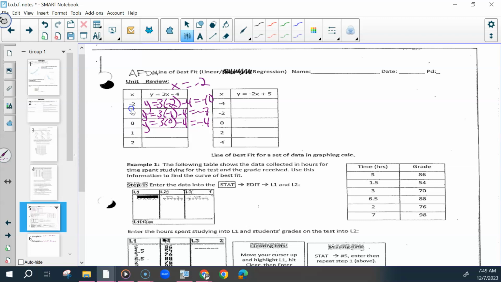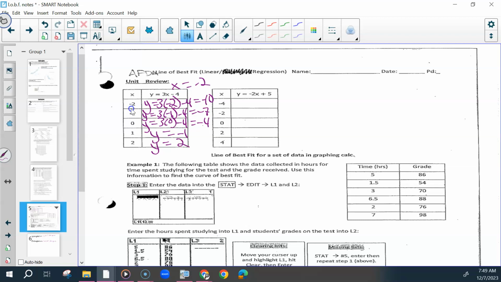What is that pattern? Are we subtracting 3 each time? Oh no, adding 3. We're adding 3 because of the slope. So then what would this one be? Negative 1. And when we put 2 in? Positive 2.